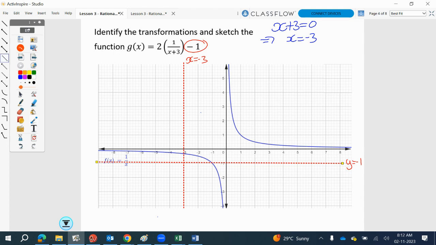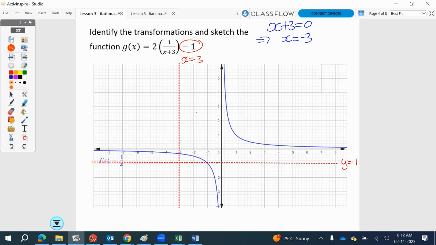Next, you need to figure out your reference points. Our reference point normally goes through 1, 1. So this has been shifted horizontally to the right by 3, goes to here. Then it's been doubled, so it goes up to there.